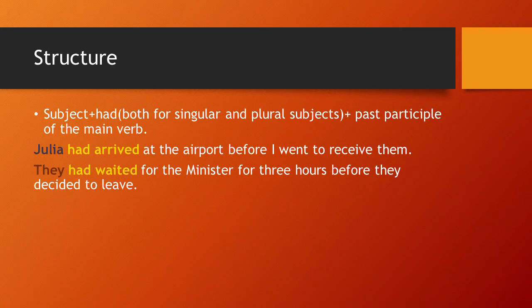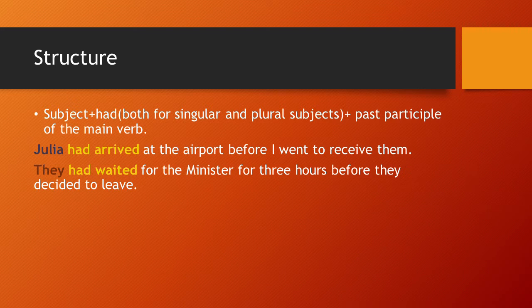So before we go further, we're going to look at the structure of the past perfect tense. Subject, which is the doer of the action, plus had. Here one convenient thing to remember is that had is used for both singular and plural subjects, and this is followed by the past participle of the main verb.